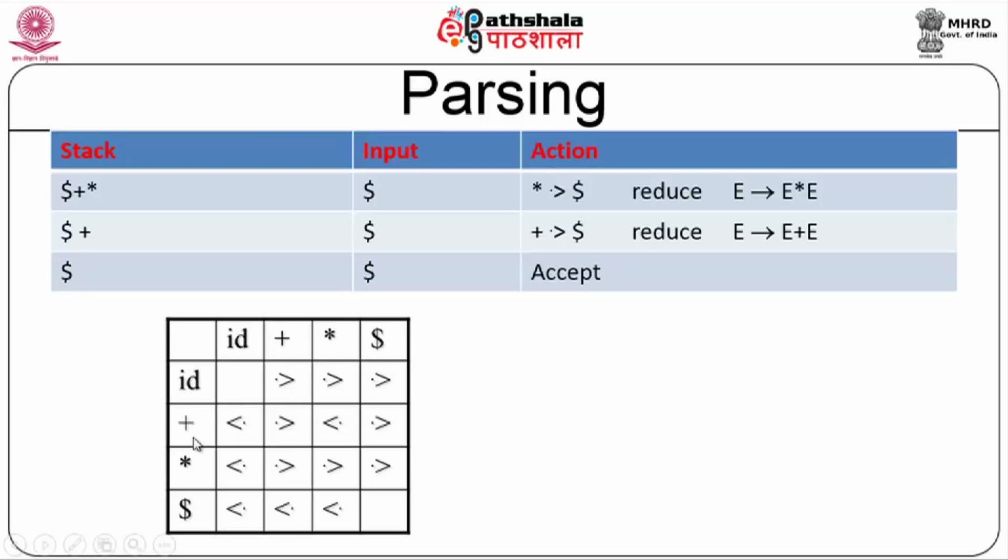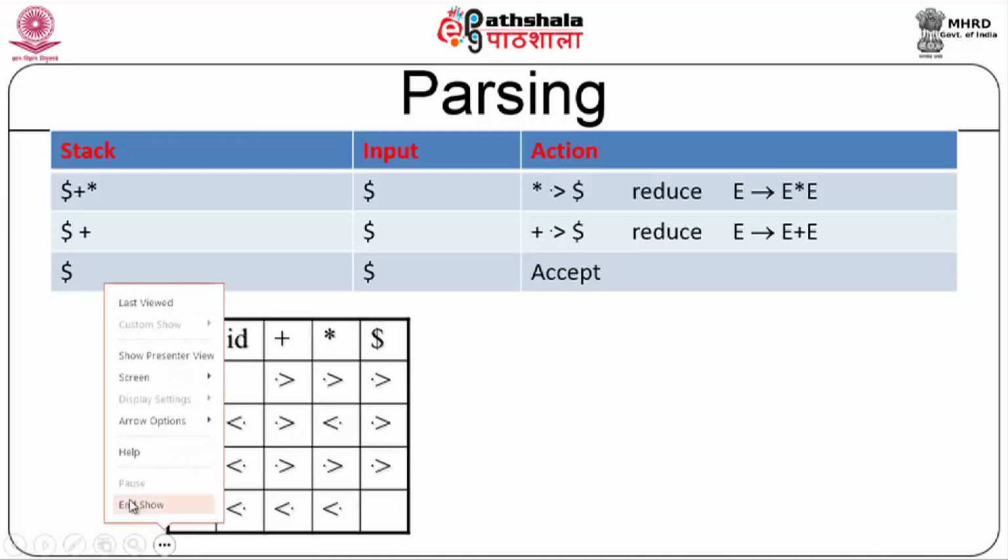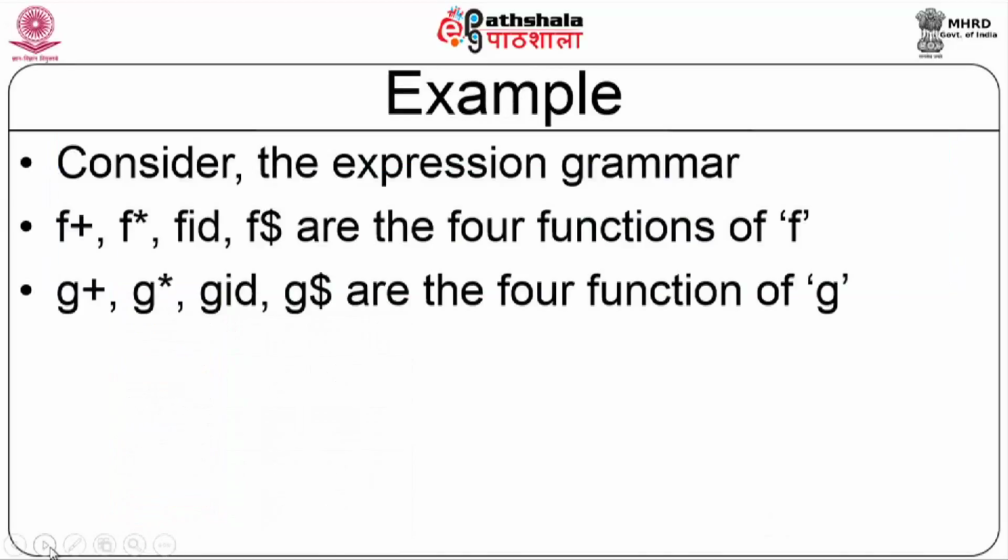Similarly, if you look at this, plus is less than id, star is less than id, dollar is less than id. So id has got greater precedence than plus, star and dollar, that is your understanding here. So if you basically look at this particular example, constructing the precedence function, directly let us just go to the construction.